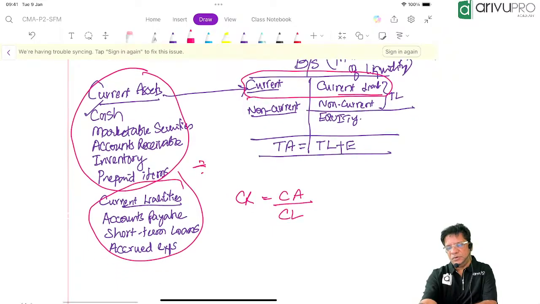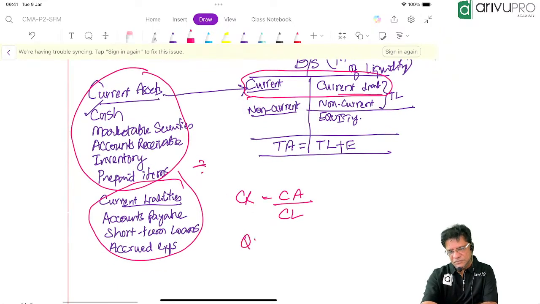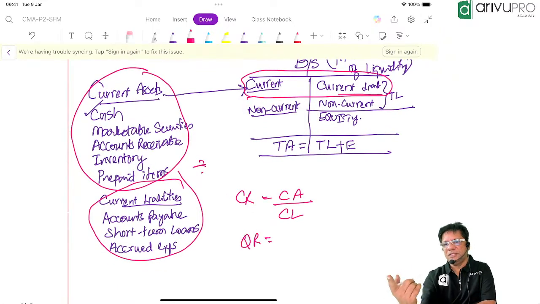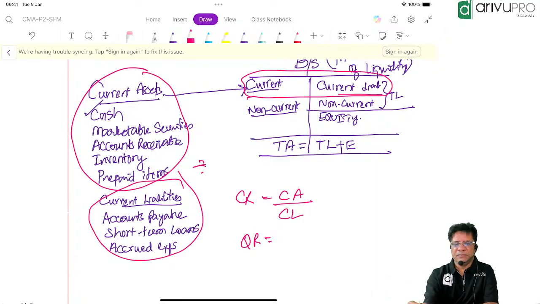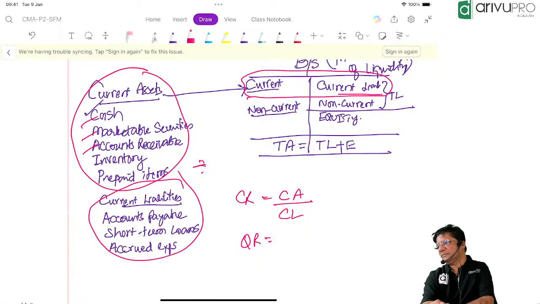Now, when you go to the quick ratio, if you see the formula, what are they including? This plus this plus this, correct? Forget about prepaid items. What are they excluding? Inventory.